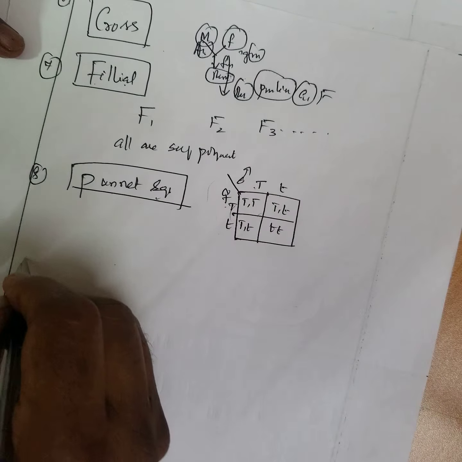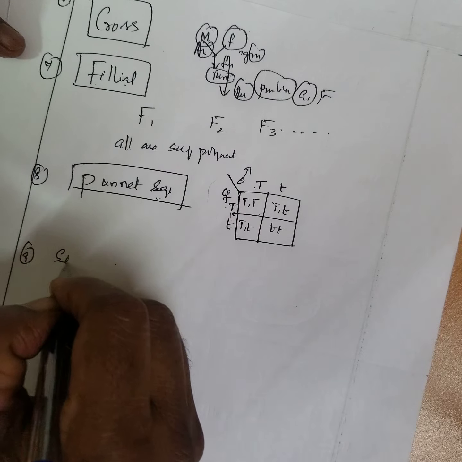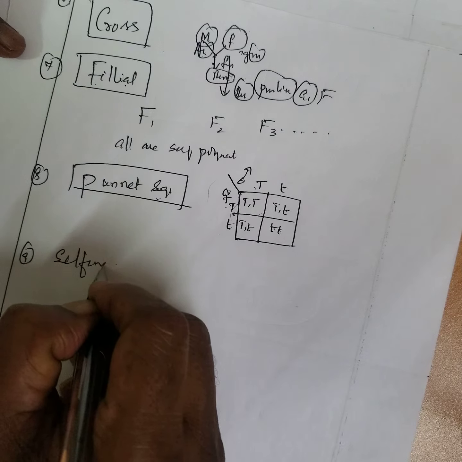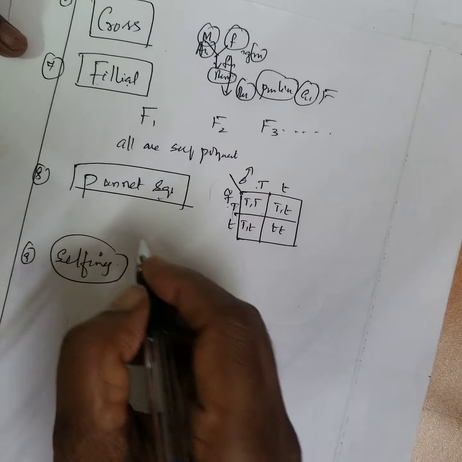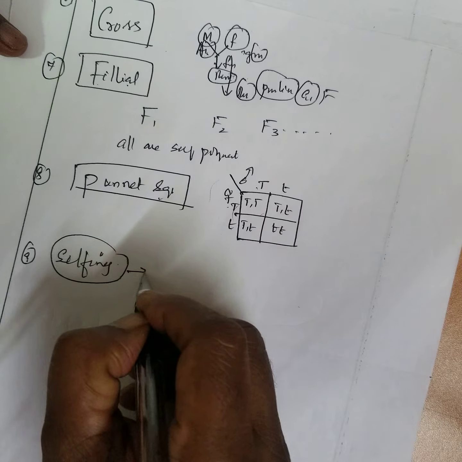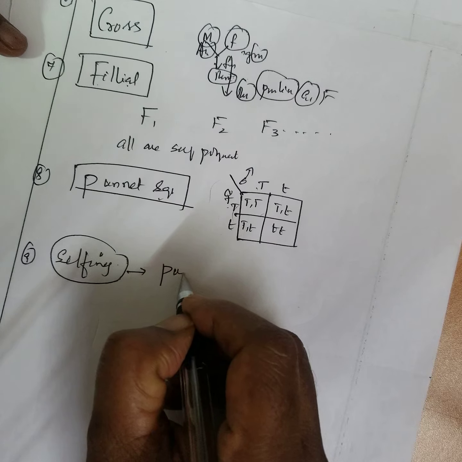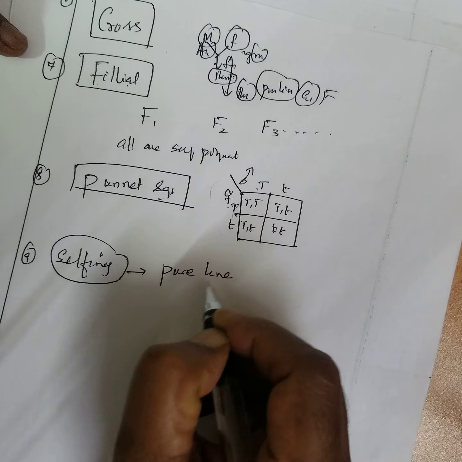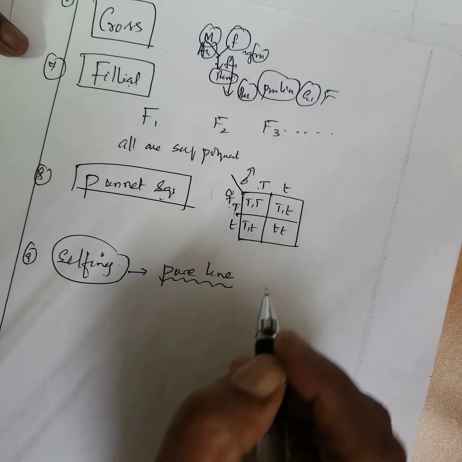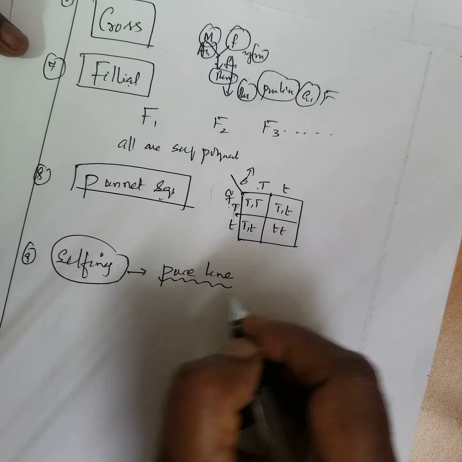The next is selfing. What is selfing? Selfing means you get a pure line through generations, like a homozygous plant.